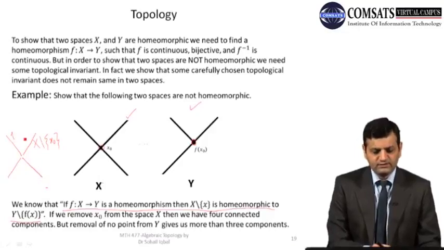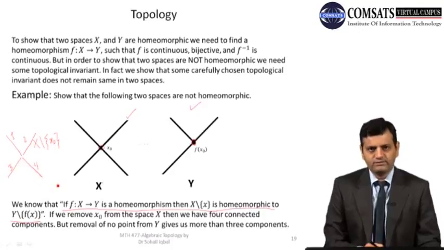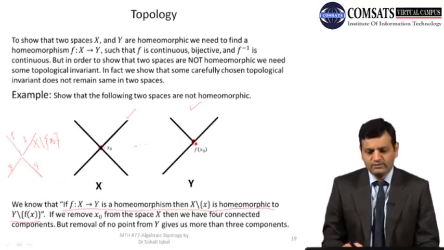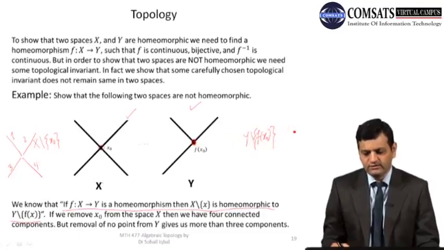This is first, this is second, this is third, this is fourth. So it has four connected components. But what about Y minus f of x naught? Y minus f of x naught has three connected components. In this case, they will be something like this: 1, 2, 3. So there are three connected components of Y minus f of x naught.